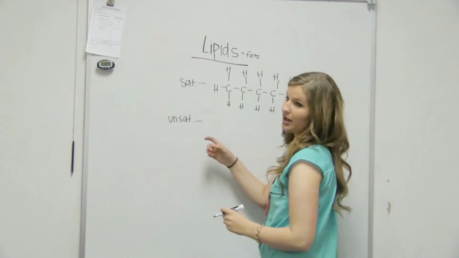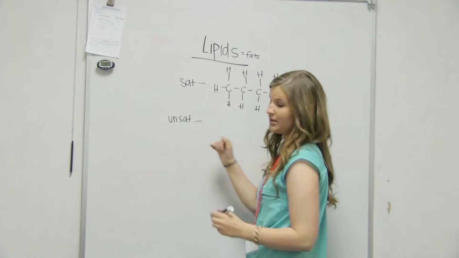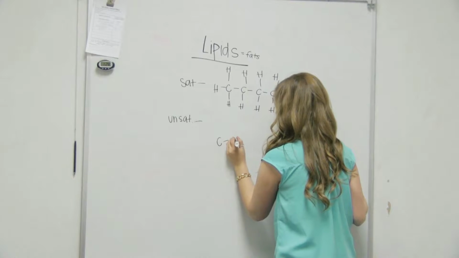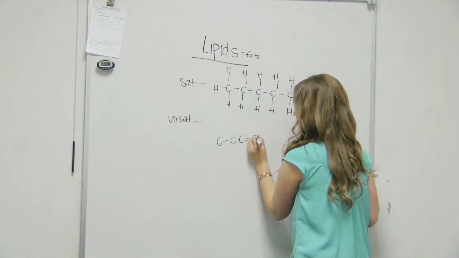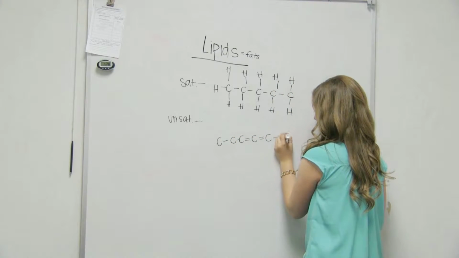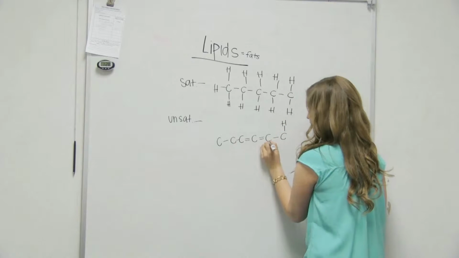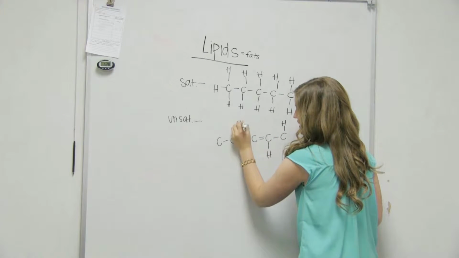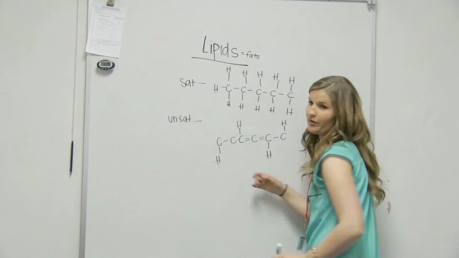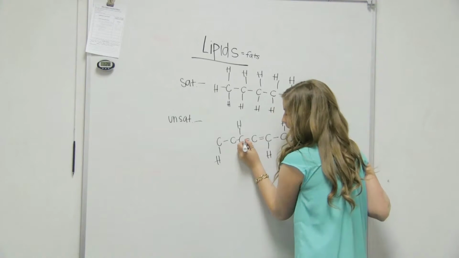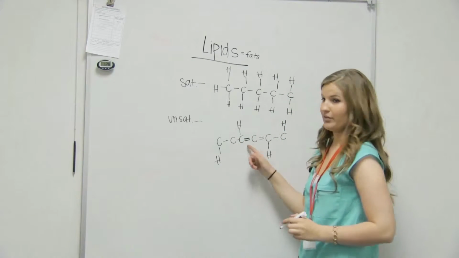Whereas when we draw an unsaturated fat, if you'll notice on that picture, it can look a little different. Every once in a while we'll have a hydrogen, but it's not saturated. And we'll also have these double covalent bonds.